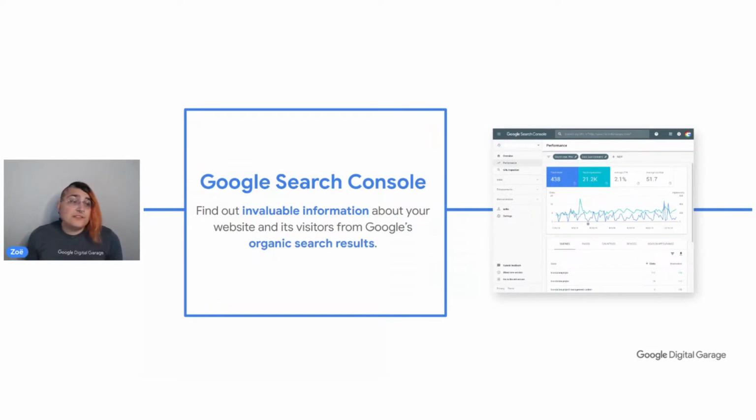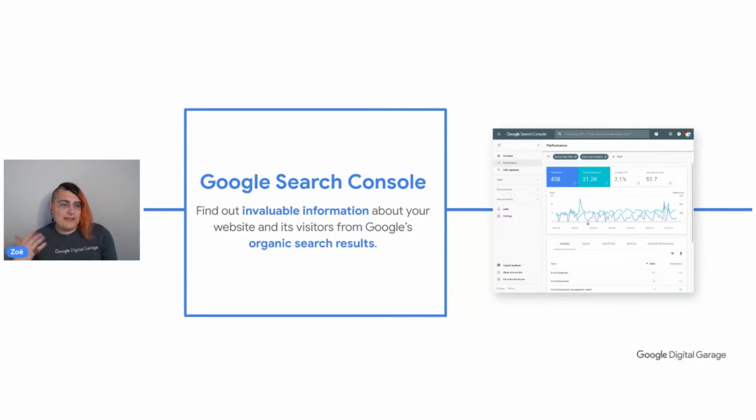Then we've got Google Search Console. Now, this is a little bit harder to set up. If you go to Google Search Console, you will be able to go through a step-by-step process that tells you how to set it up. But what it does is it uses your website and measures data from your website to work out what people are searching Google for that lead them to your website.